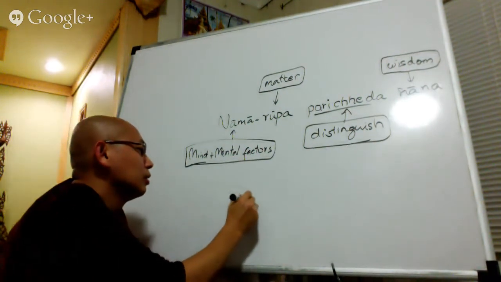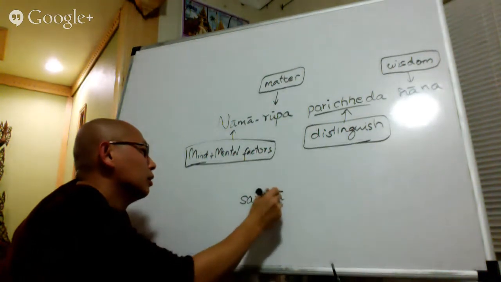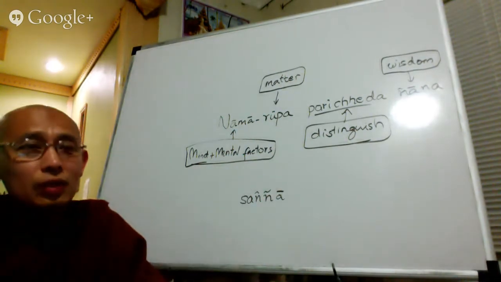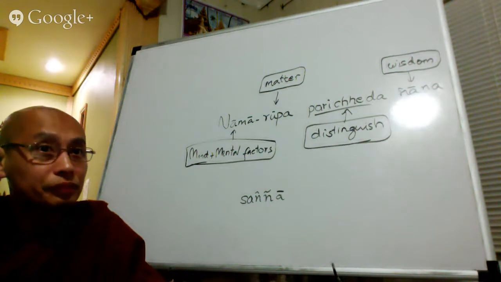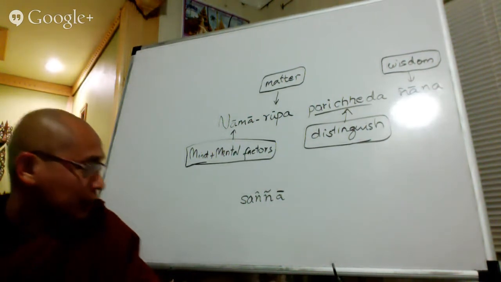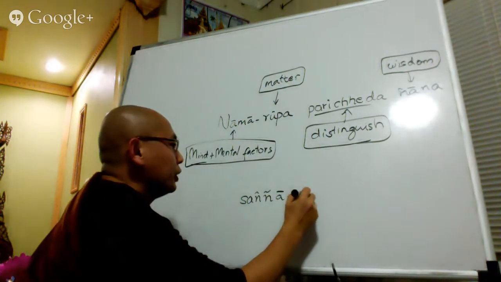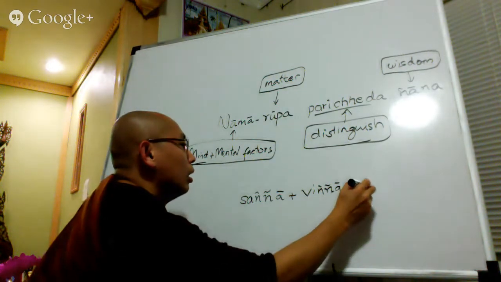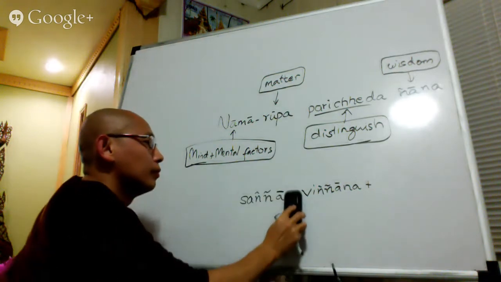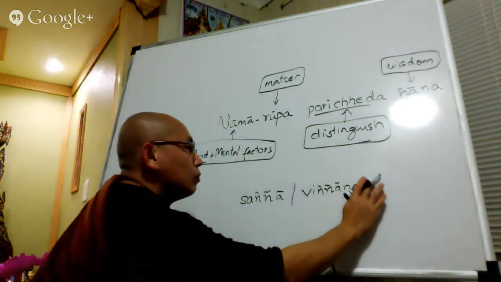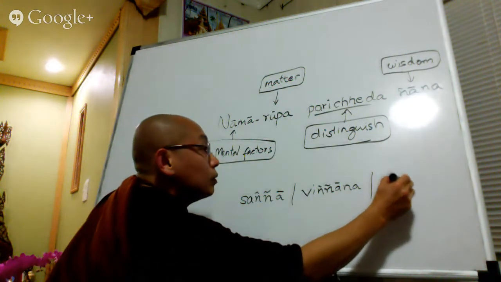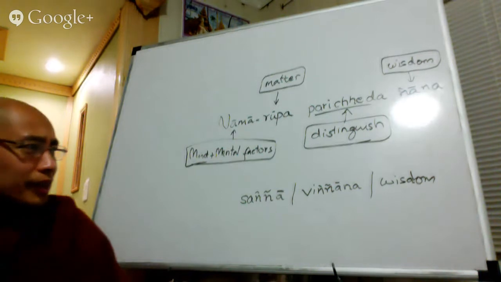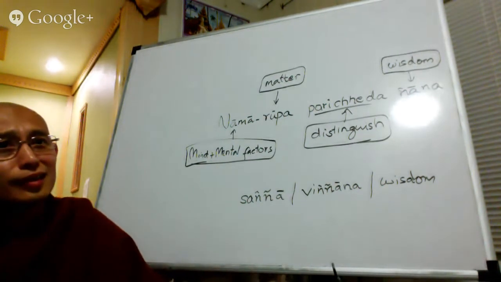We already learned it among the universal mental factors. Sanna, a different sanna, vinnana, and then wisdom. These three things look like the same.